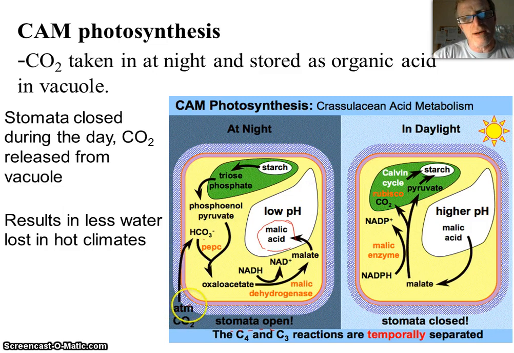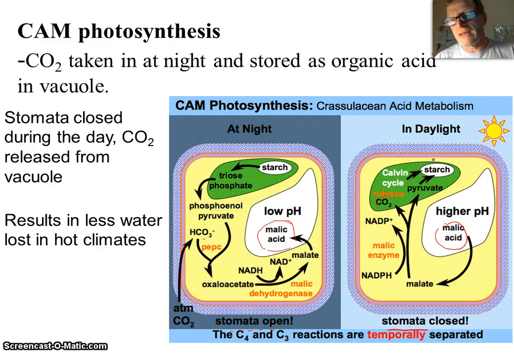They open the stomata at night, when it's cooler, so they're not losing as much water. Then during the day it's getting really hot, but they have the light they need for the light reaction. They're going to close the stomata, so they're not going to be able to get carbon dioxide, but they already have it stored up in their vacuoles. So now they can convert that back into carbon dioxide and utilize the Calvin cycle in the day with their stomata closed.